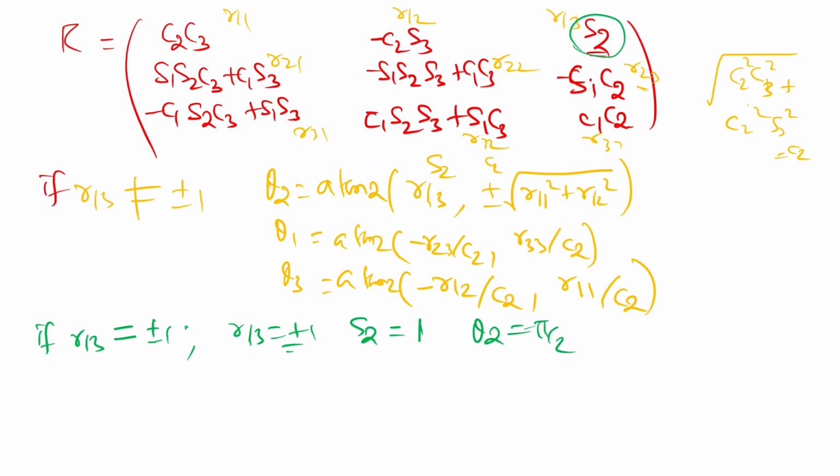So when this is 1, what is cos theta 2? Cos 90 is 0. So the R matrix will be, first one will be 0, because theta 2 is pi by 2. So this term will also be 0. This term is 1.